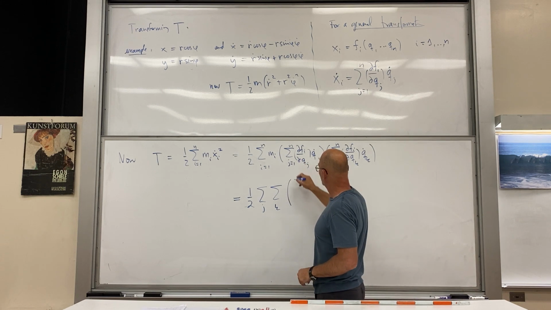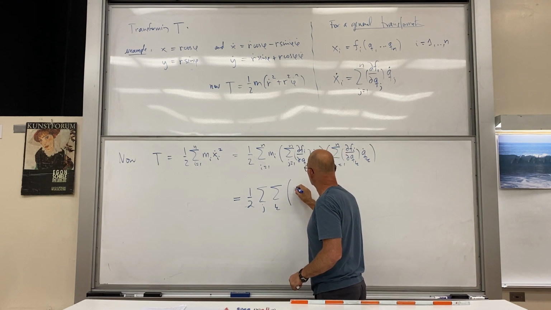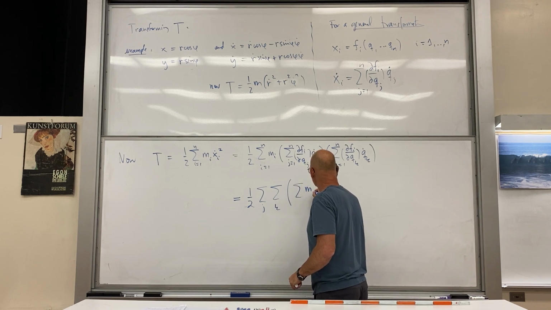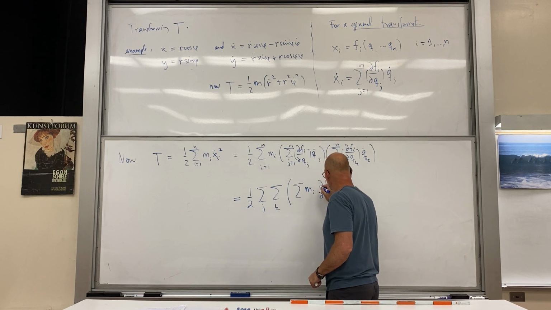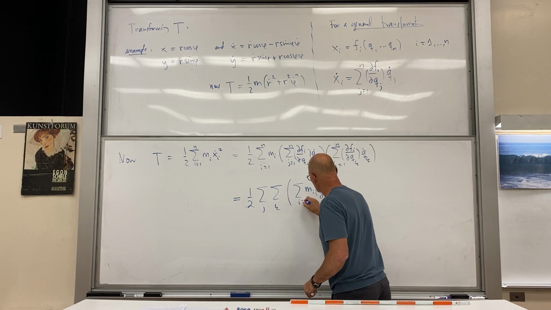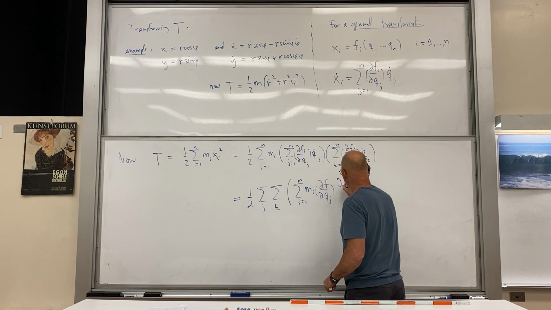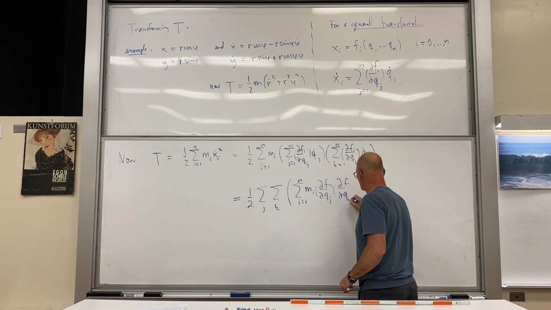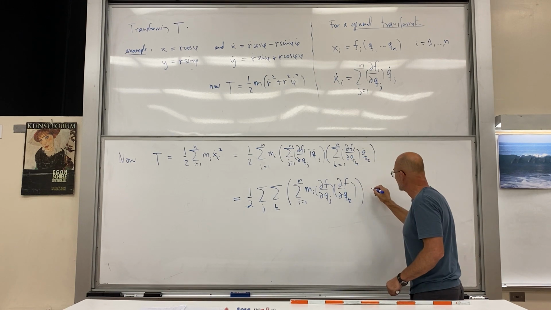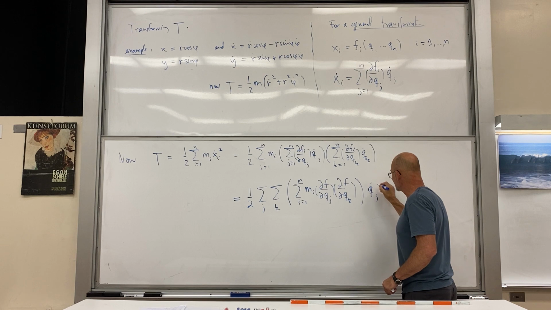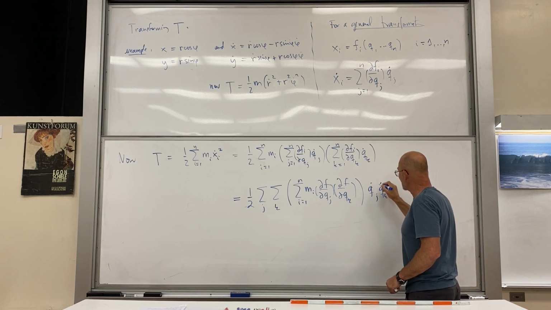And then we'll have the sum over m sub i, df sub i dq sub j, i equals 1 to n, df sub i dq sub k, close parentheses, q sub j dot q sub k dot.